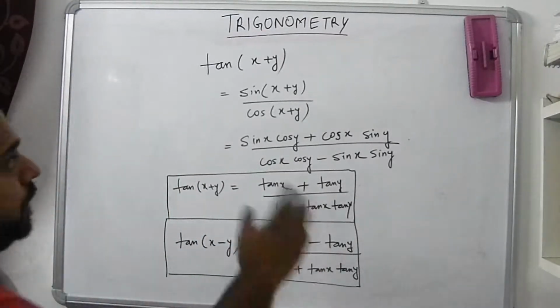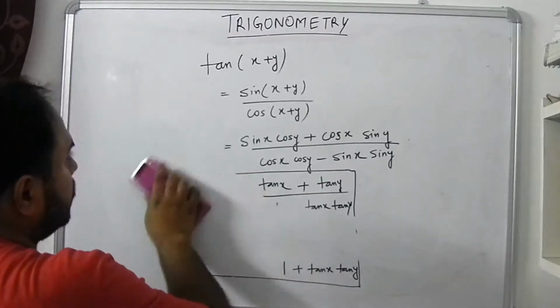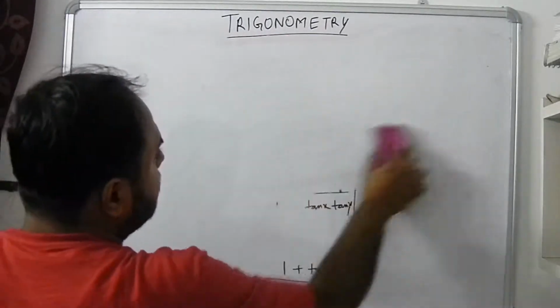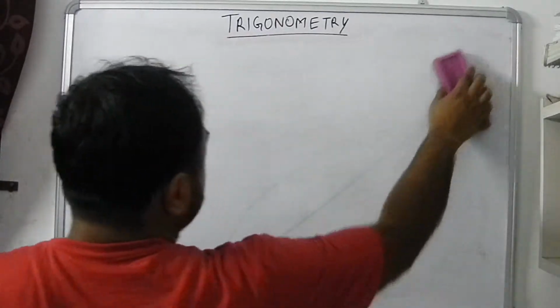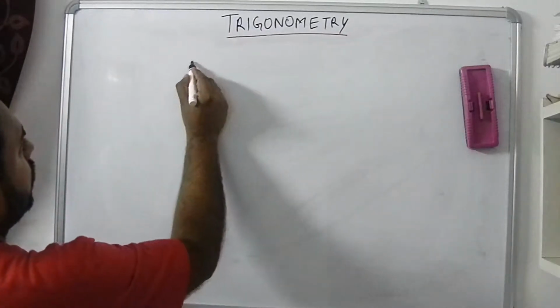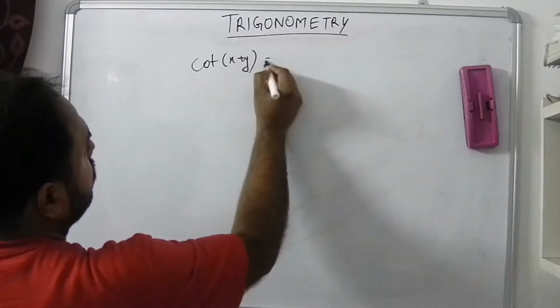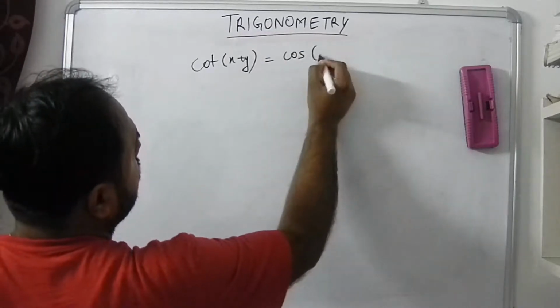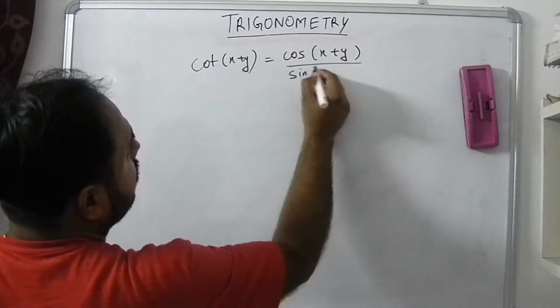Now, likewise, we can derive the formula for cot of x plus y and cot of x minus y. So simply, what we have to do this time is take the reverse ratio, that is cos upon sine. So let's see. When we look into cot of x plus y, it is cos of x plus y upon sine of x plus y.